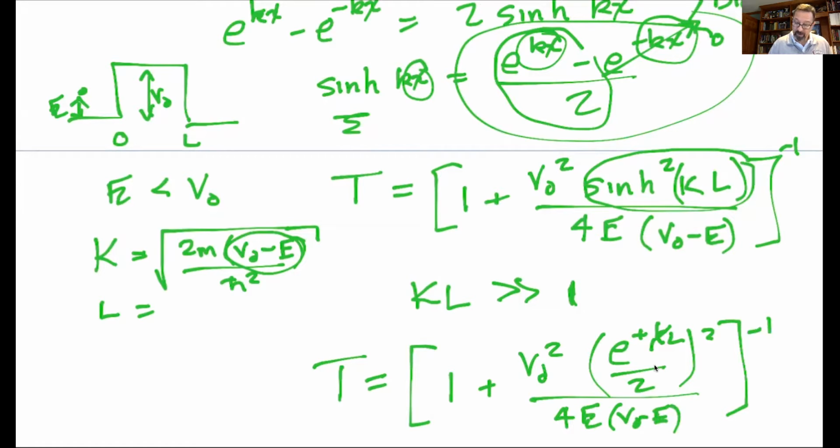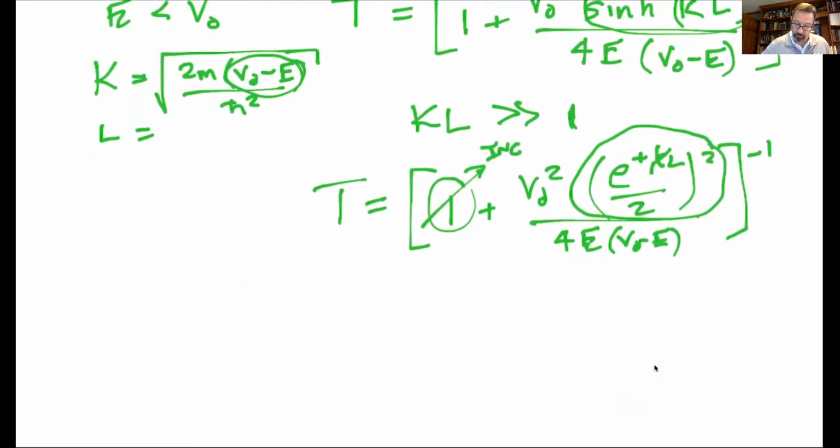Now, if kappa L is a big number, such that I can replace it just with that real exponential, how big do you think this second term is compared to 1? And the answer is it's going to be much bigger than 1. So simply adding 1 to this thing is ignorable. So I'm just going to ignore that. Okay. And then you get a much simpler equation, I think. Let's see.